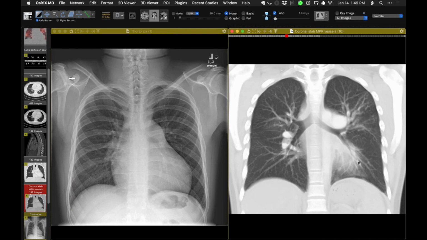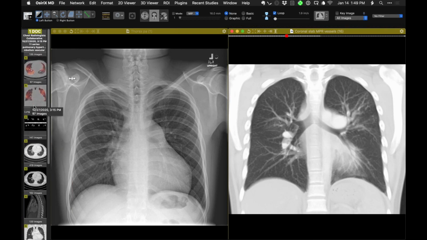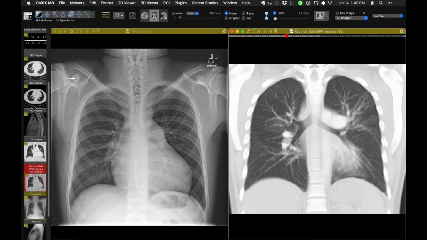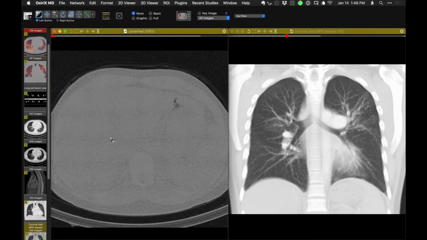So let me bring that out by showing you that. If you see an image like that, and you see the difference in the caliber of the vessels in the upper lung zones, say particularly here, and they are just pulmonary arteries, compared to, in this patient, down here, and you have pulmonary hypertension, you should think of chronic pulmonary thromboembolism.